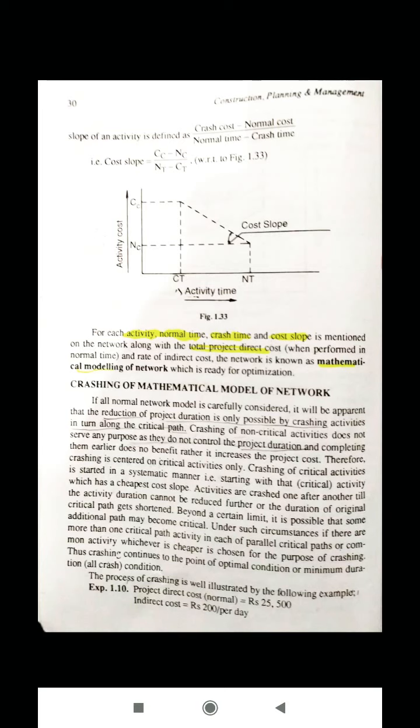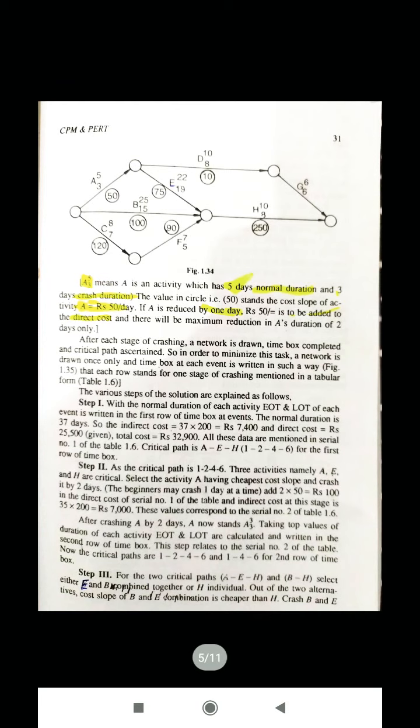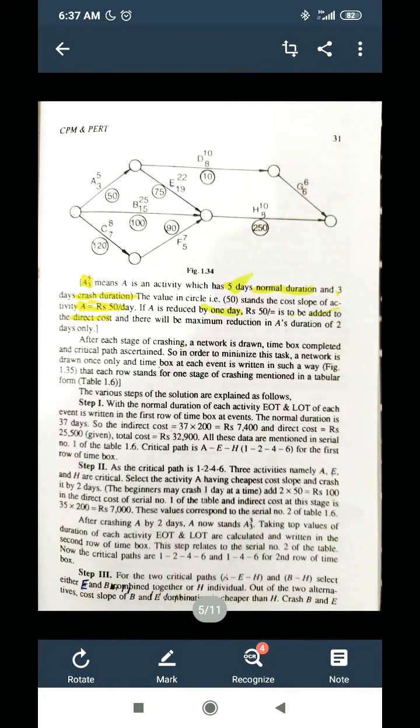So when we draw a network for the purpose of optimization, we write this normal time, crash time, and cost slope on that particular network itself. Like in this figure, we can see the encircled number here. For activity A, the encircled number is 50. So this 50 is the cost slope.